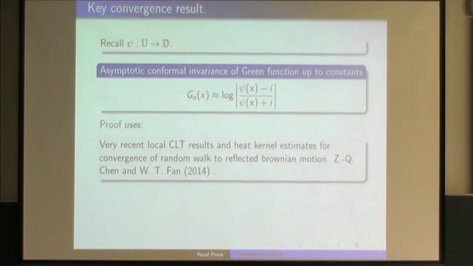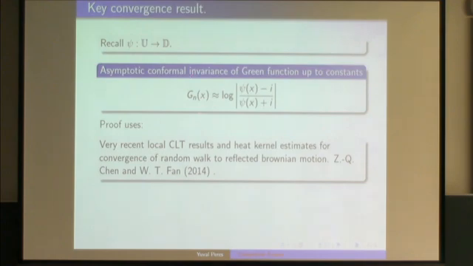I won't enter these quantitative aspects here, but just mention that in the continuum, the dipole Green function up to constant has a very simple form, because in the disk it just is log of (z minus i) over (z plus i). So with the conformal mapping, it just has this form.